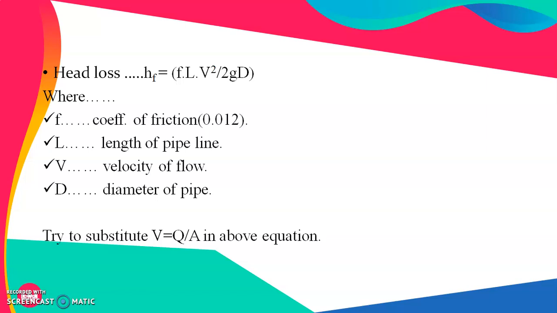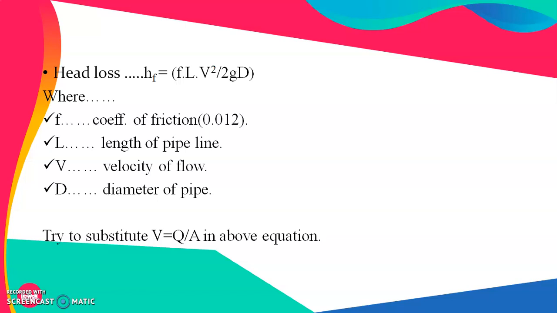So in that equation, f represents the coefficient of friction, which is normally 0.012 in case of newly laid cast iron pipes. L represents the length of pipeline in meter. V represents the velocity of flow in meter per second, while D represents the diameter of pipe in meter.